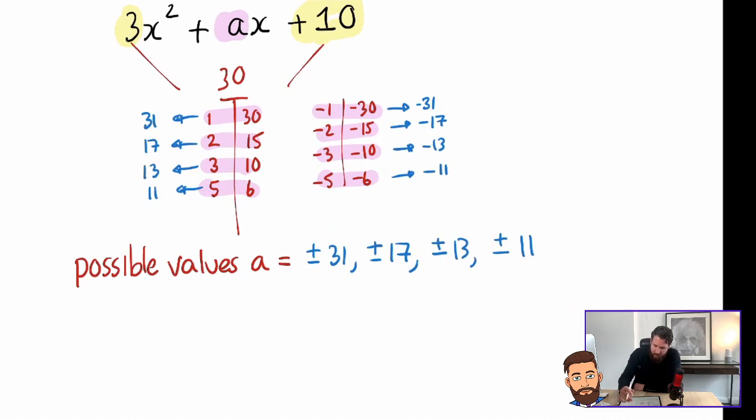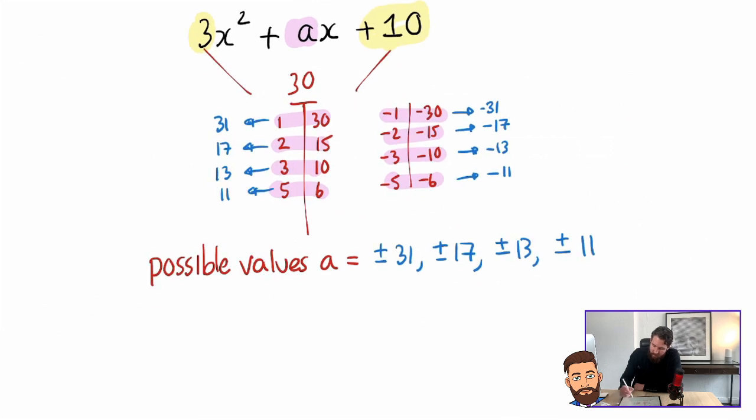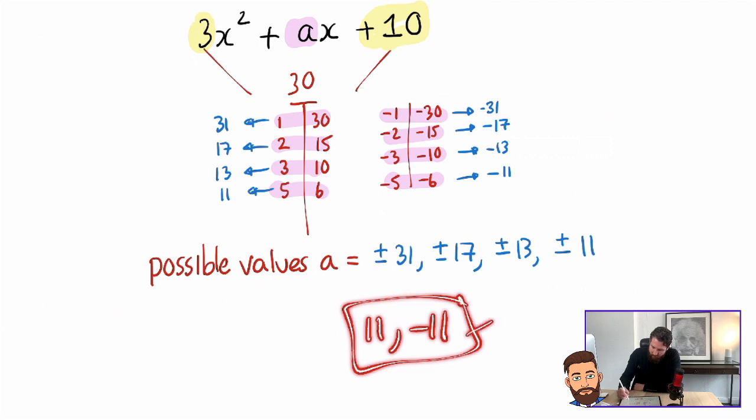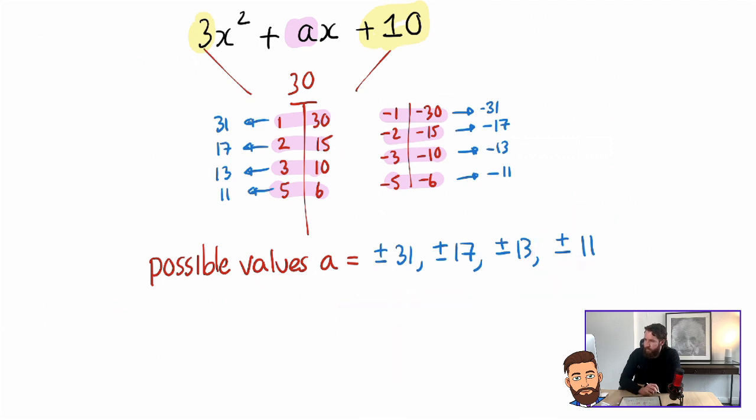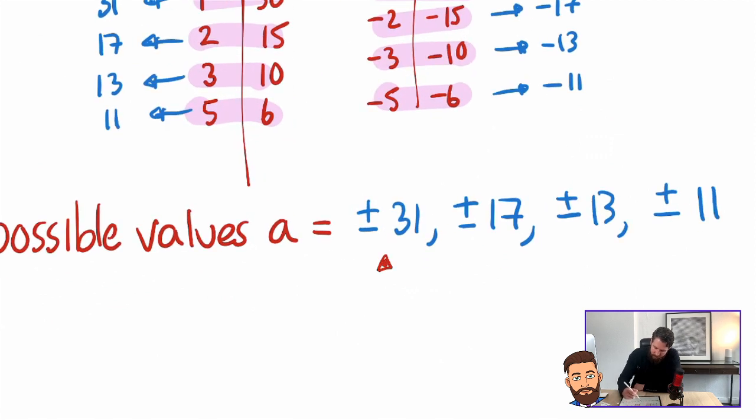That's a nice mathematical way to write it. Why write 11 and minus 11 when I can write this? It means the same thing. And I might just make that note there for you, just to finish. So this basically means 31 or minus 31.